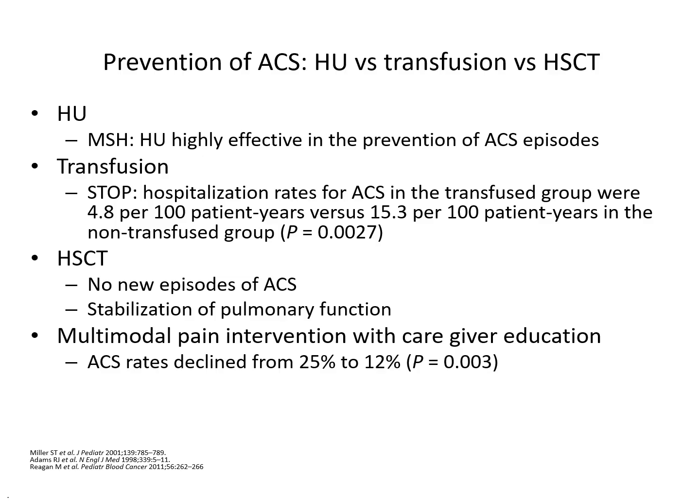And all of them are effective in preventing the recurrence of episodes of acute chest syndrome, as has been shown in multiple studies. It's very important, though, the last point on this slide: multimodal pain intervention, with educating caregivers how to take care of a patient who is admitted for pain to prevent the occurrence of acute chest syndrome in the hospital. This is very, very important.